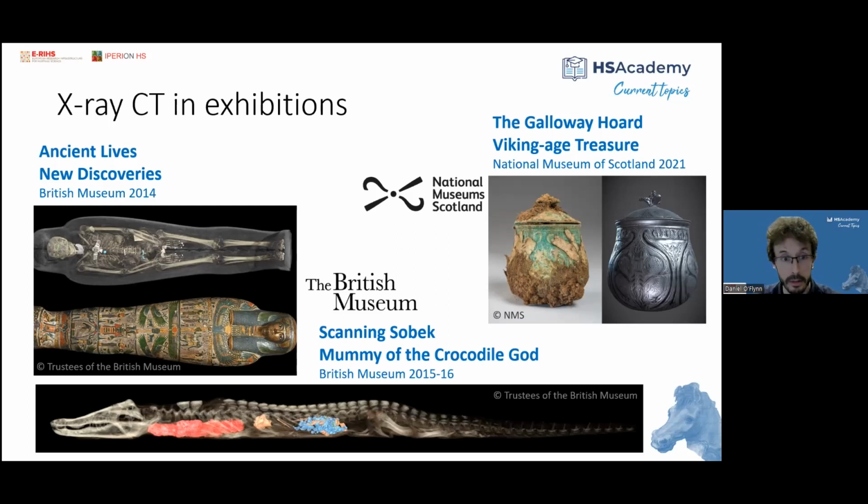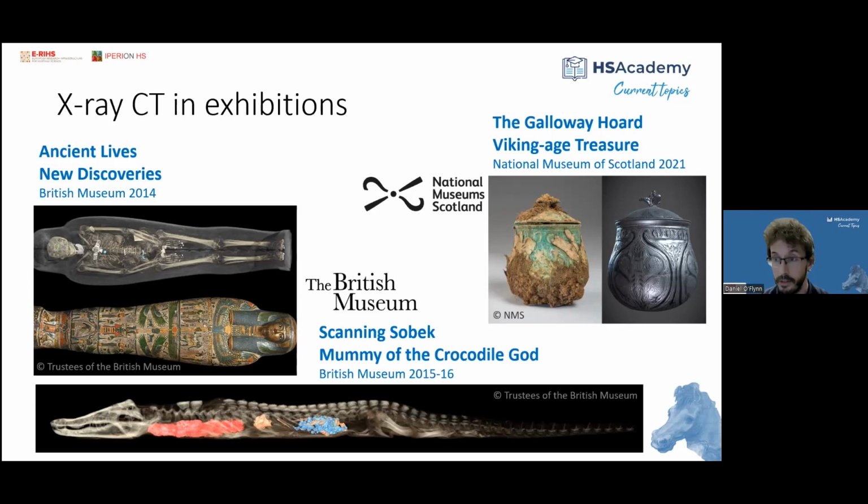A recent study, which I was involved in, in collaboration with the National Museum of Scotland, was to look at the Galloway hoard, which was a Viking Age hoard discovered in Scotland a few years ago. With X-ray CT, we were able to look underneath the textile wrappings still stuck to the surface of this vessel.